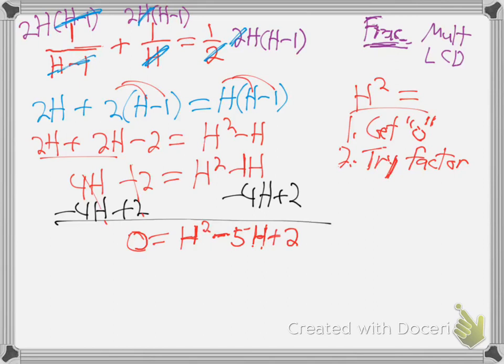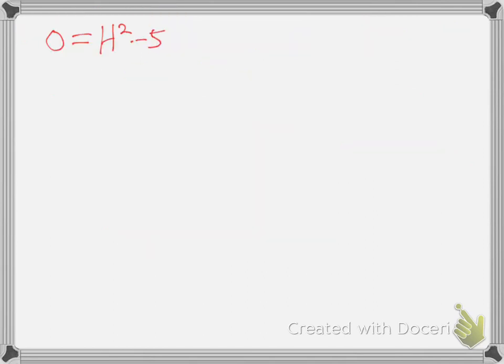So 0 equals h squared minus 5h plus 2. Okay, well, that one's not going to factor. You could try. It's super hard. It's not going to factor. So I'm going to do the quadratic formula. So A is 1, B is minus 5, C is 2.